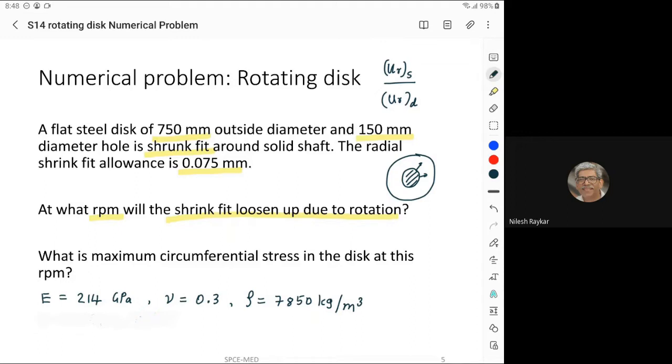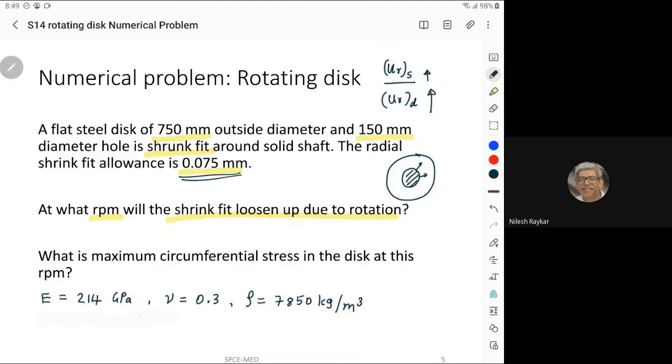But because the shaft is relatively rigid as compared to the disc, as the speed increases, the displacement of the disc will be more than displacement of the shaft. And when the difference between these two becomes equal to the radial interference which was initially made to happen, at that point the separation will happen.